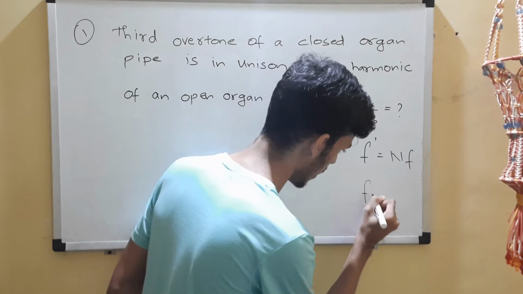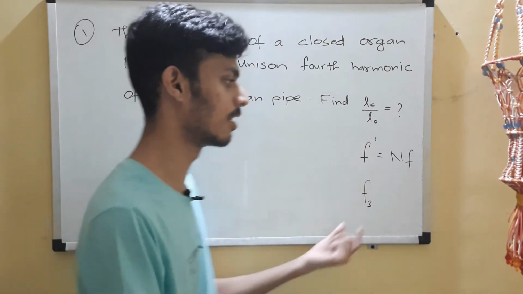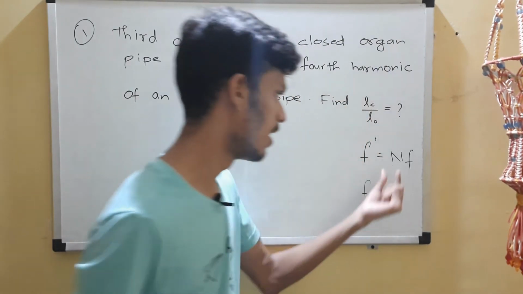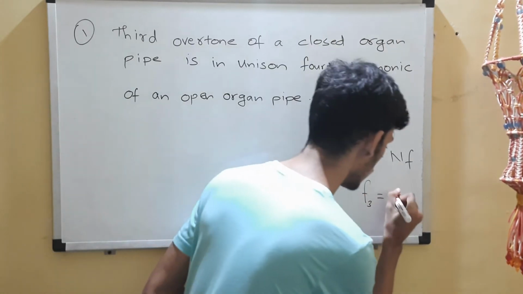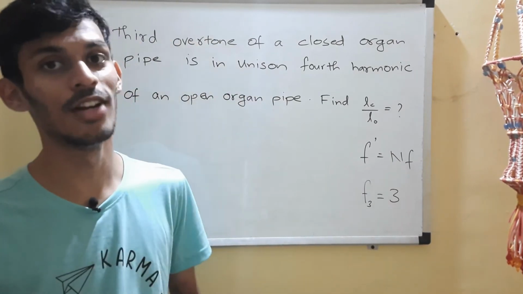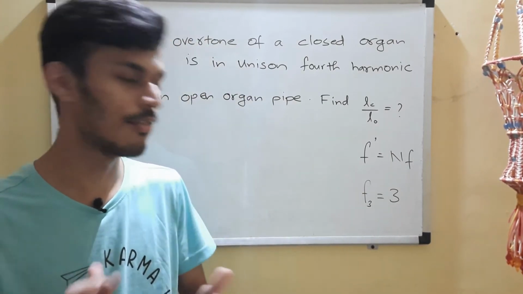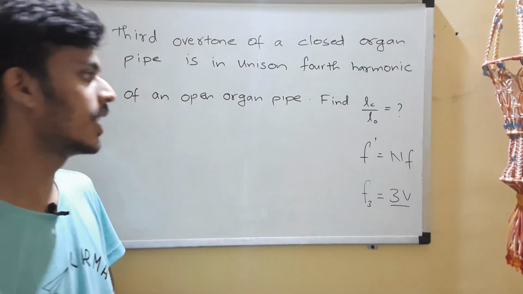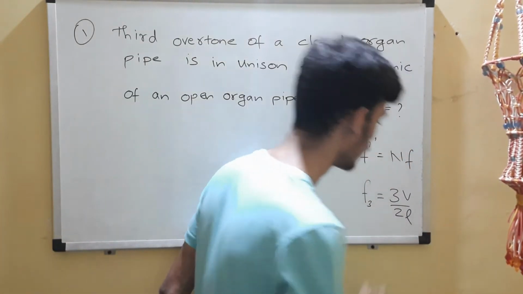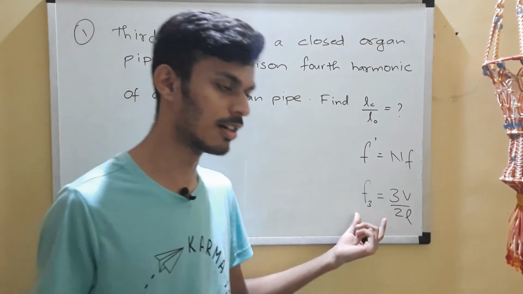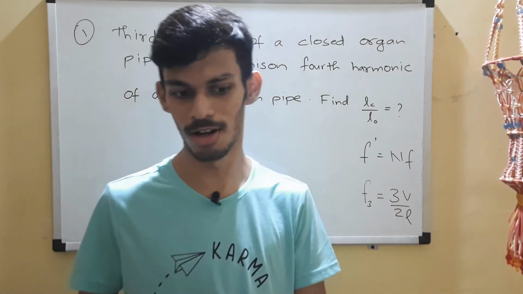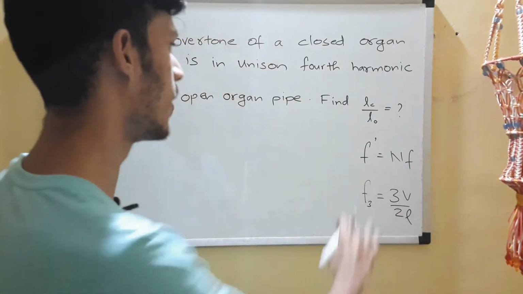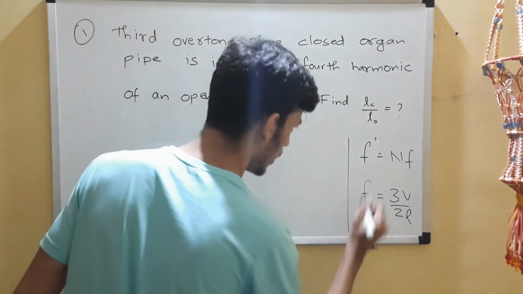You'll write it as F3, the frequency of the third harmonic, which is n times f, where n is the number of the harmonic, third harmonic, and f is the fundamental frequency. Now in this case we have an open organ pipe, so for an open one, f is V by 2L. This is how you write the third harmonic frequency for your open organ pipe. I want you to remember this formula. Anyways, let's keep that aside.